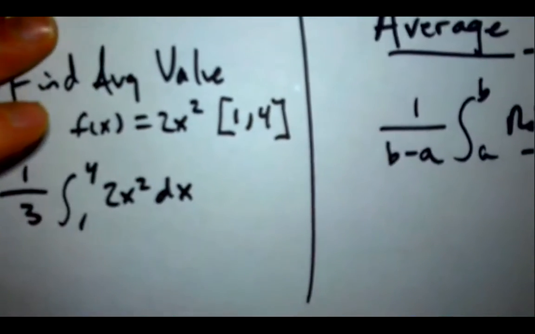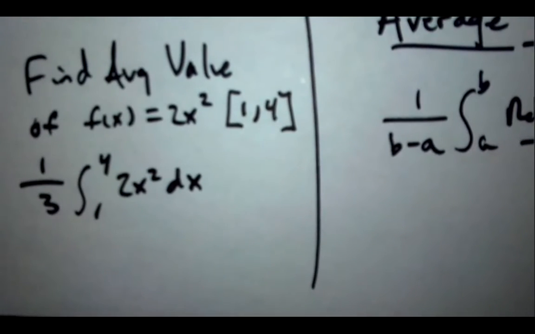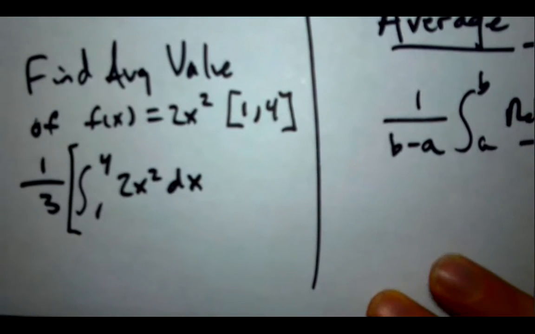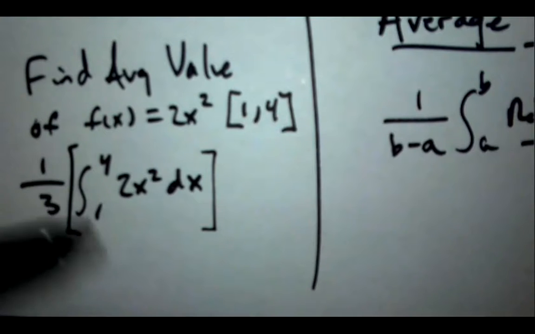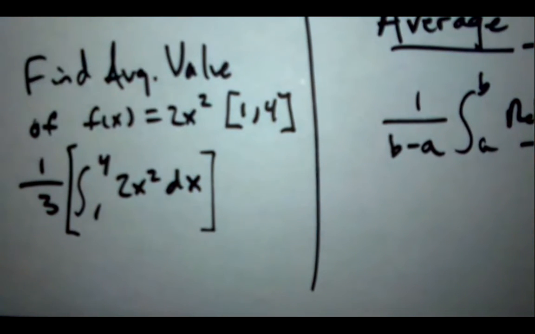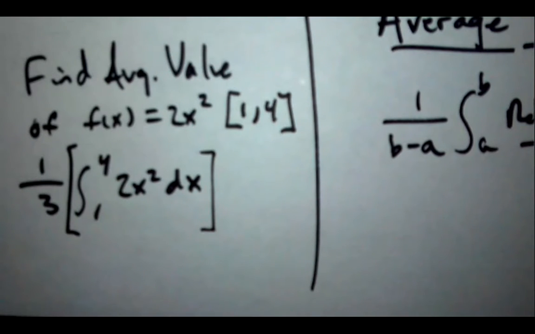Does that line up? 1 over b minus a, 4 minus 1, times, then just go through and do your integral. I'll get into more of an explanation of why this is what it is, but for right now, just know the formula. Average value is found by 1 over b minus a times the result of the integral.